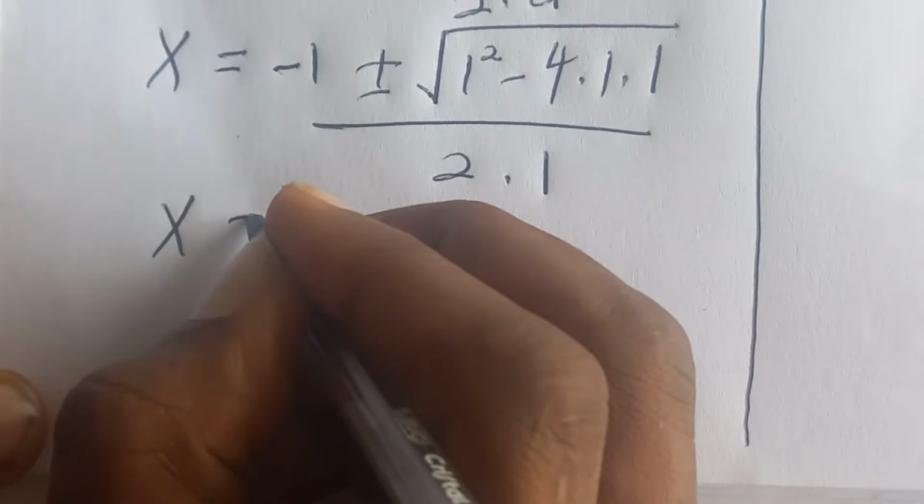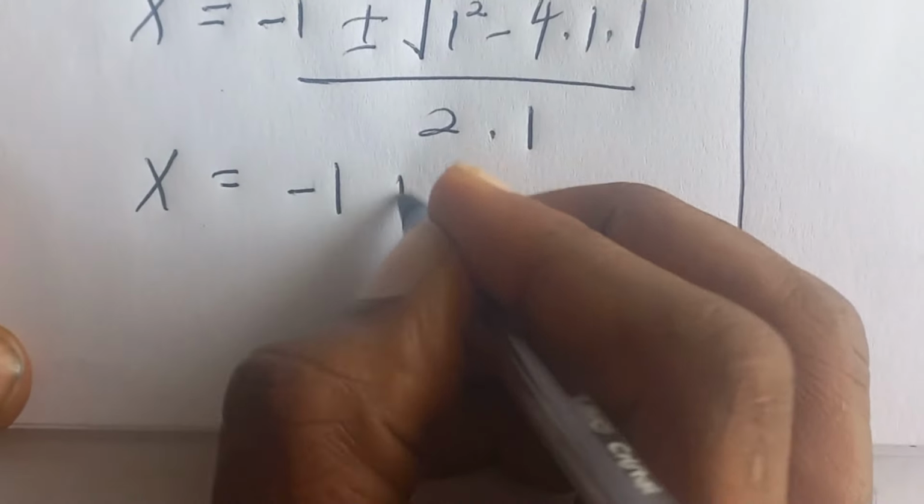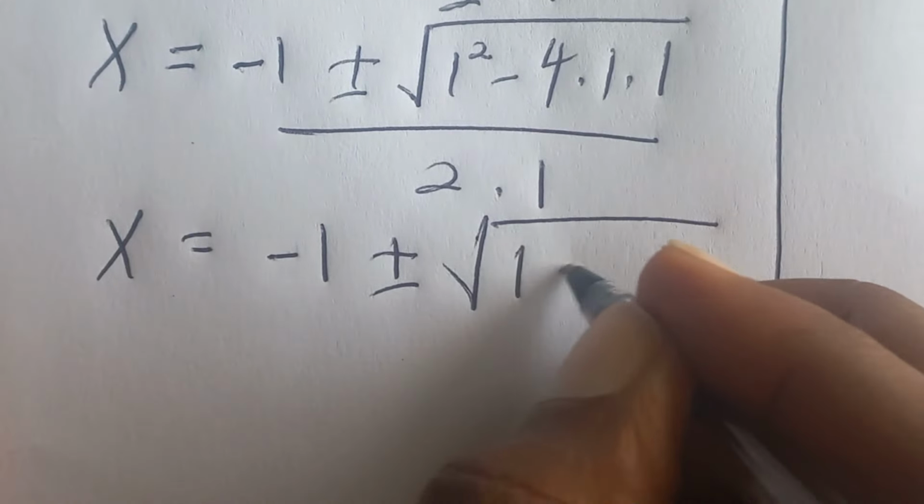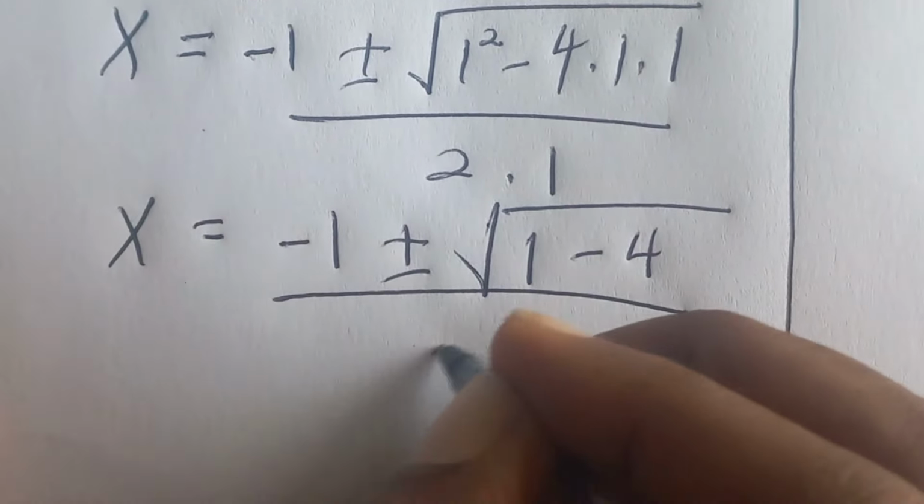So our x is equal to negative 1 plus or minus square root of 1 minus 4, all over 2.